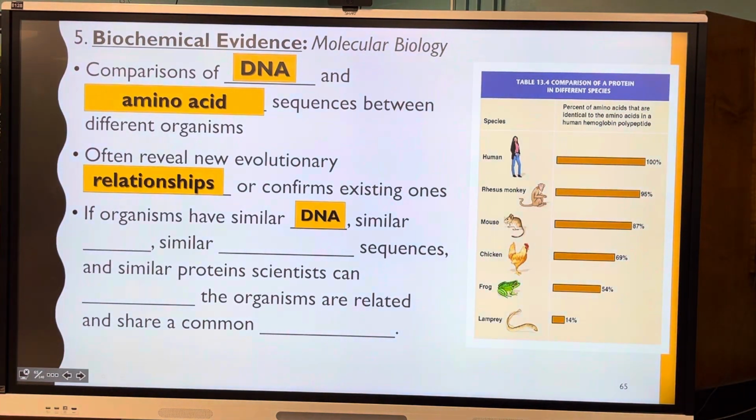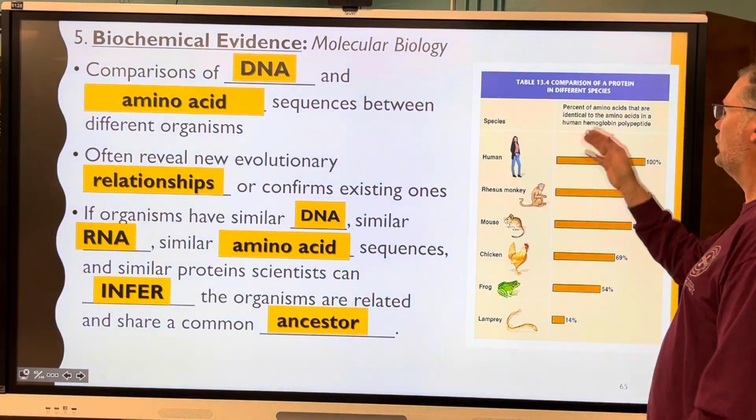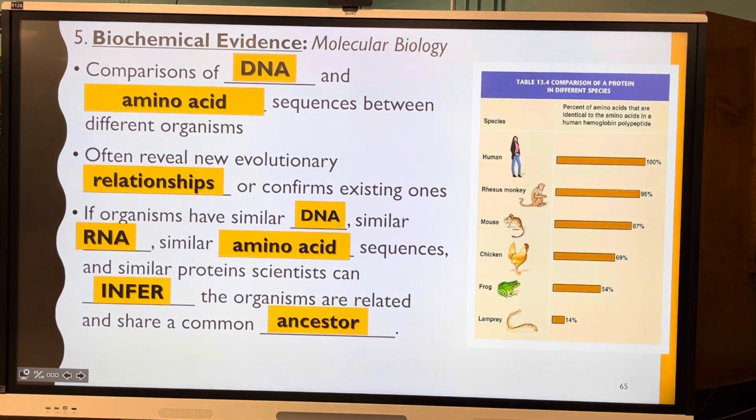So if organisms have similar DNA and RNA and amino acid sequences and similar proteins, scientists can infer, that's making an inference, that the organisms are related and share a common ancestor. So if you look at this table here, this is the percent of amino acids that are identical to other species.